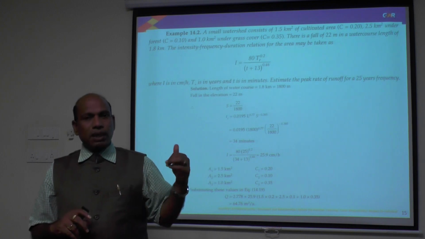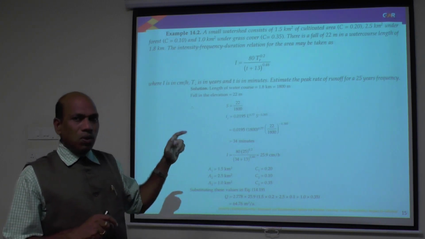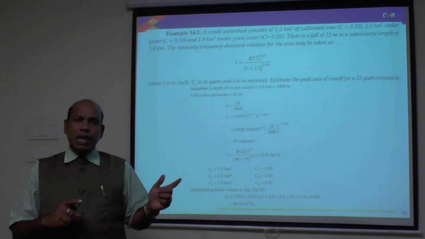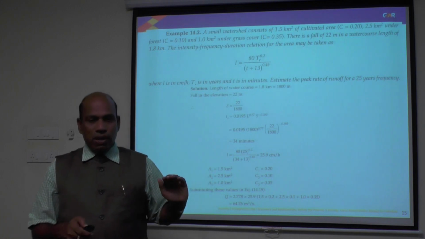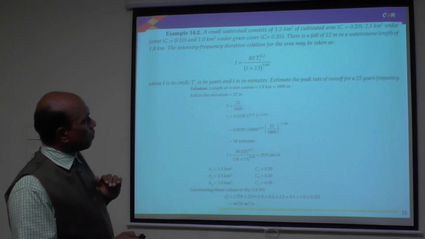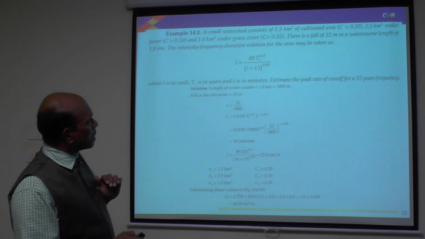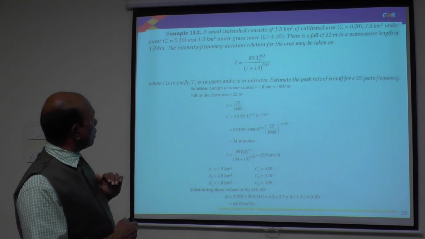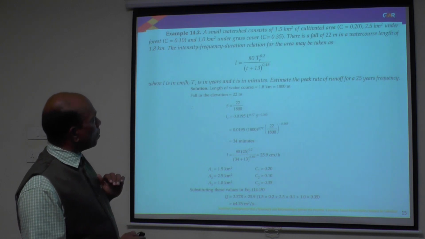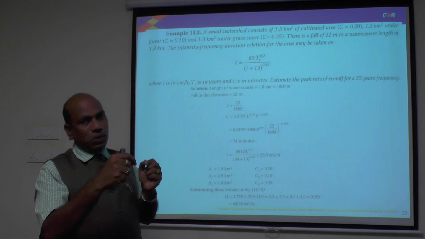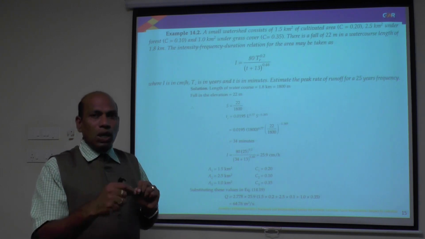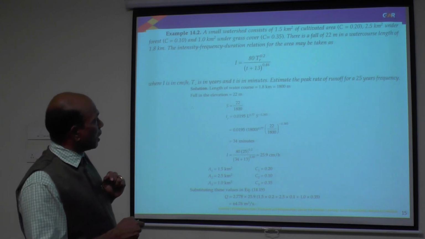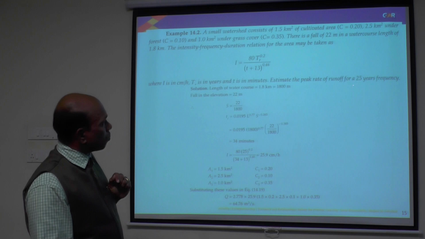Here there are different C values, that means area into C value plus area into C, plus area into C. Here 1.5 into 0.20 plus 2.5 into 0.10 plus 1.0 into 0.35, that is the area into C we have directly. Then only one parameter is left, I. TR, the return period or recurrence interval, is given as 25 years.